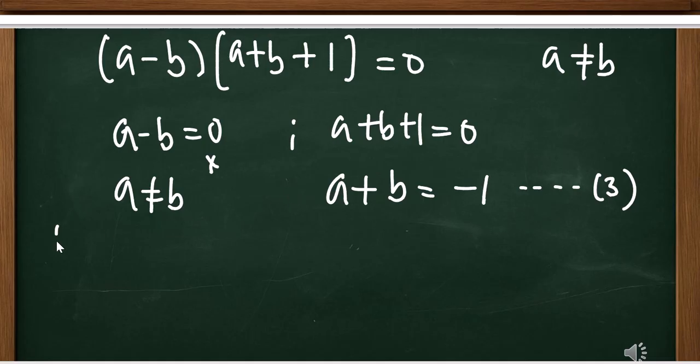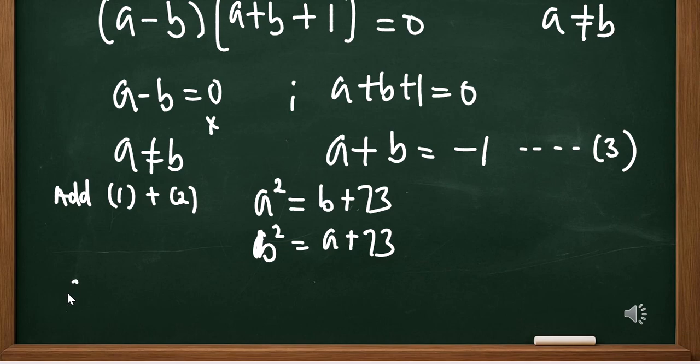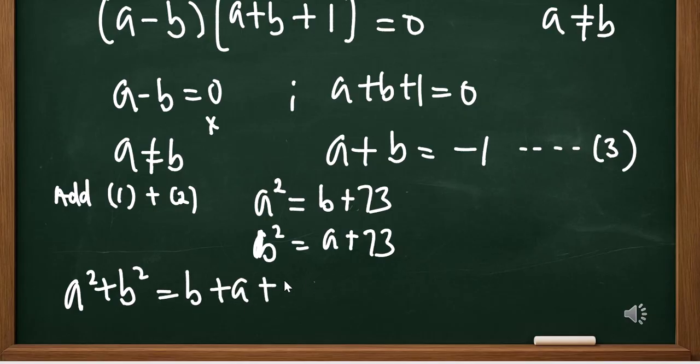Now the next step is to add equation 1 plus equation 2. By writing the two given equations, recall that we have equation 1 to be a squared equals b plus 73, and equation 2 is b squared equals a plus 73. Now, adding these two together, here I'm going to have a squared plus b squared equals b plus a plus 73 plus 73. So this is what we've gotten.